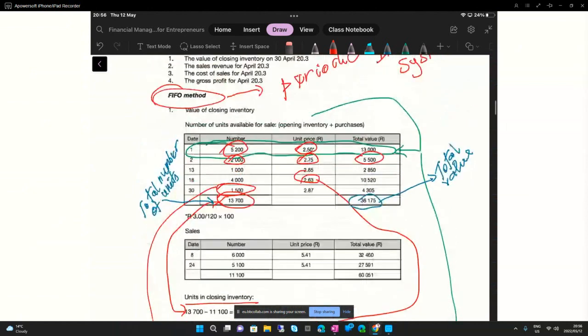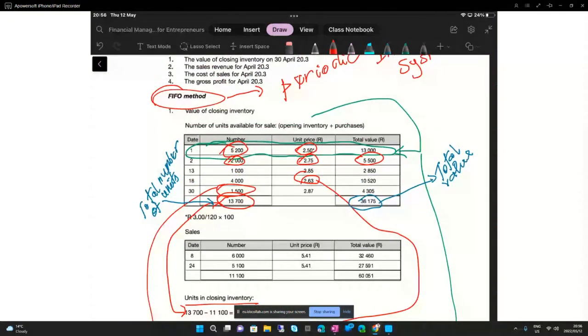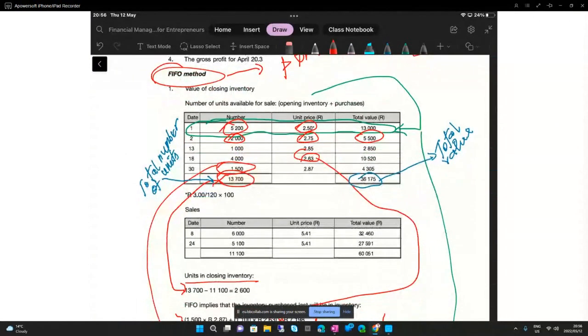Now, this was for the cost, the valuing of the closing inventory. But if you go down to the sales, remember that in the perpetual, those things are being tracked at the same time, what is coming in and what is going out. That's why we're putting it in the same table. But within the periodic, we are not tracking all of them at the same time. That's why we prefer to track the costs separately from the sales.